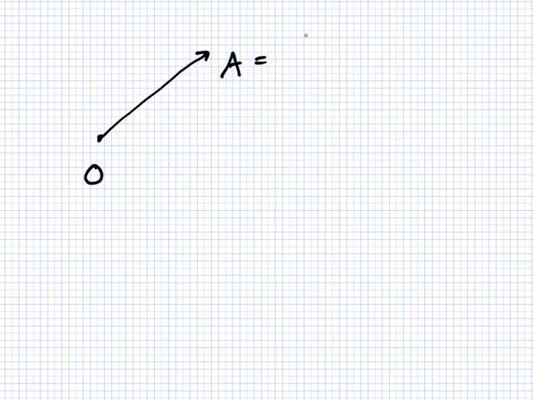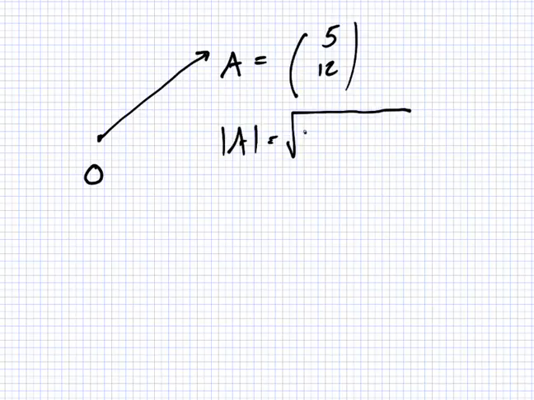So here is O, and there is vector A, which is, let's say, 5 and 12. What's the magnitude here? It's square root 25 plus 144, which is square root 169, which is 13.